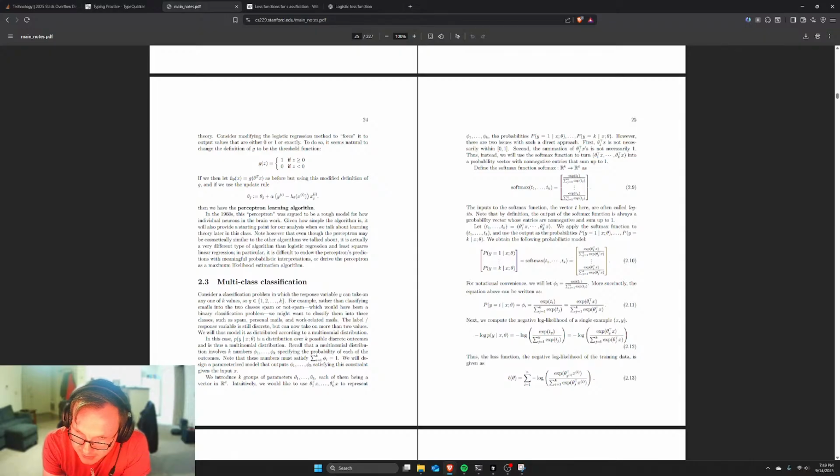So softmax does something similar here. So softmax.